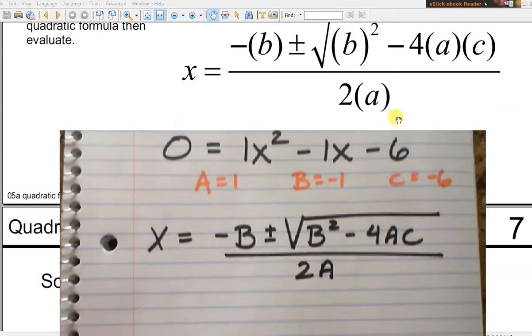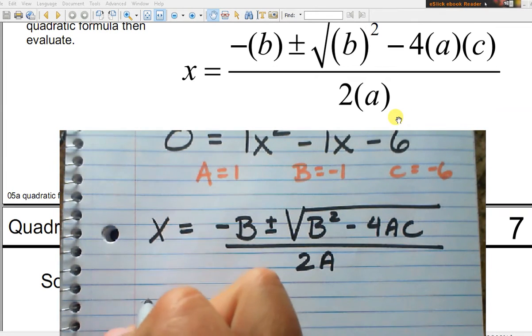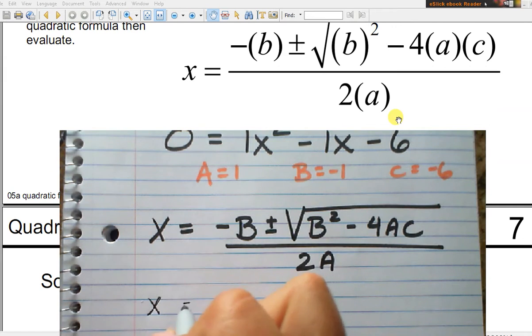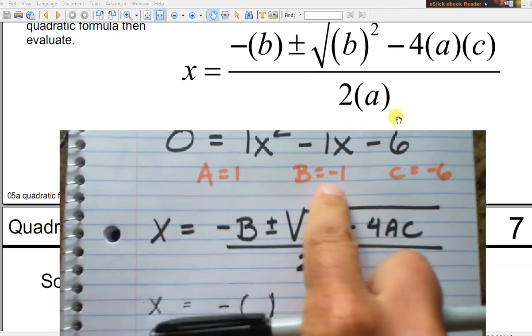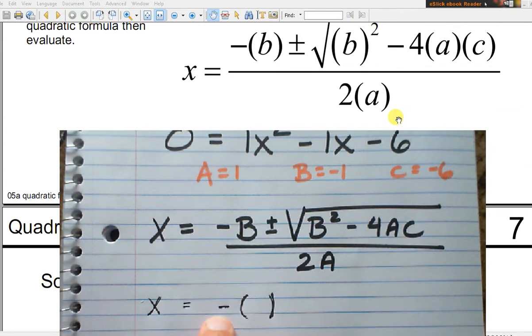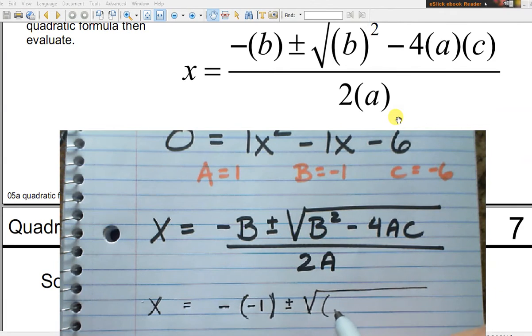So let's start plugging numbers in. So I have x equals negative, that just comes with the equation, b. And what is b? Well, b is -1. That negative is part of the equation. This is part of the b. Plus or minus the square root of b. What is b? -1 squared minus 4a.